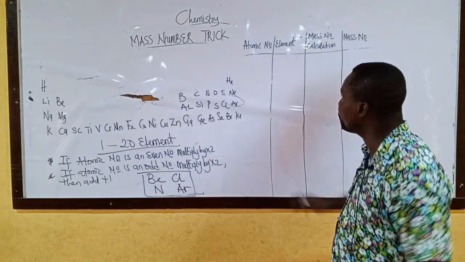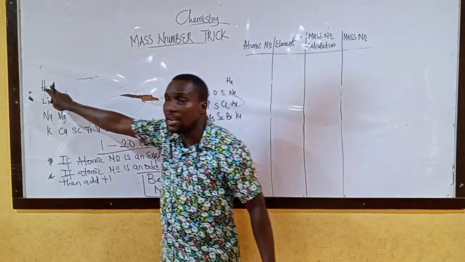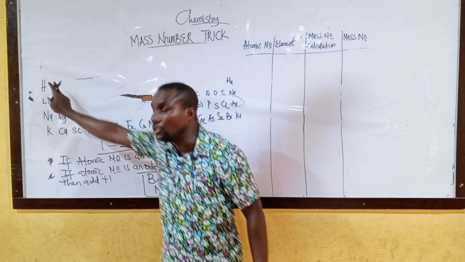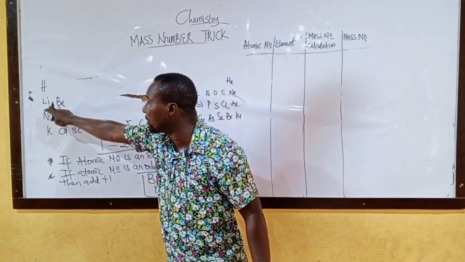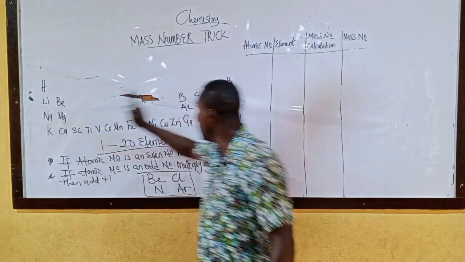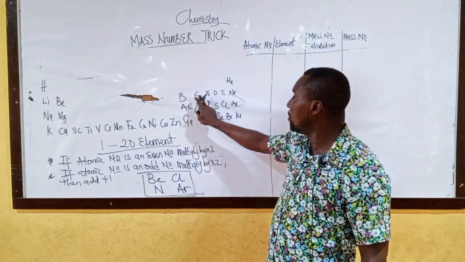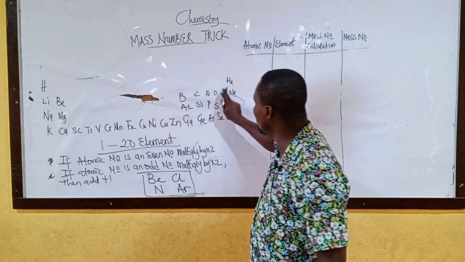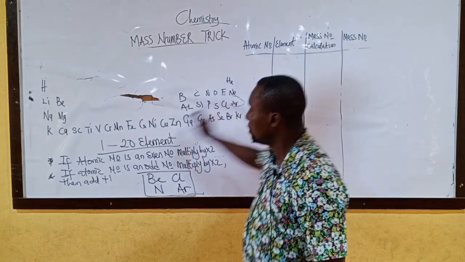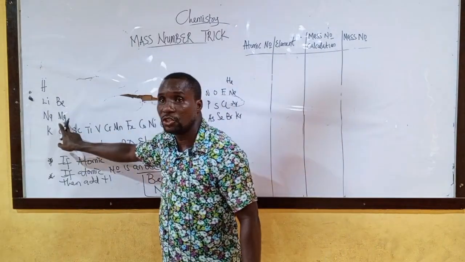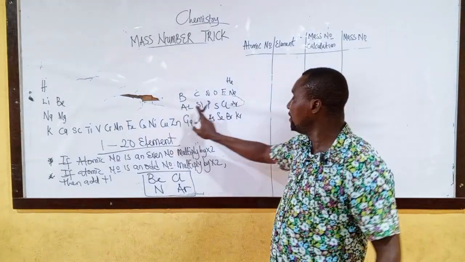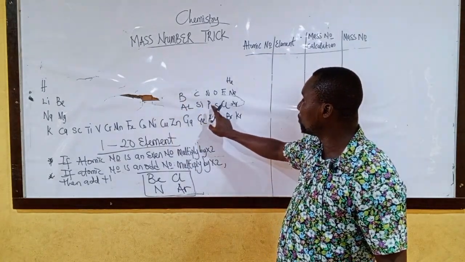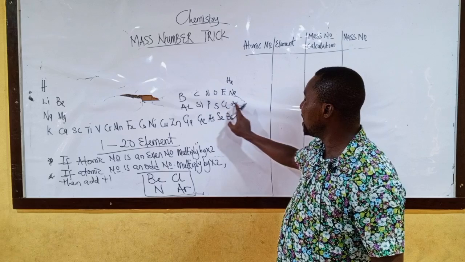Then let's go. Atomic number 1 is hydrogen. Atomic number 2 is helium. Atomic number 3, lithium. 4, beryllium. 5, boron. 6, carbon. 7, 8, 9, 10. This is fluorine. Sodium 11, magnesium 12, aluminium 13, silicon 14, phosphorus, sulfur, chlorine, argon.